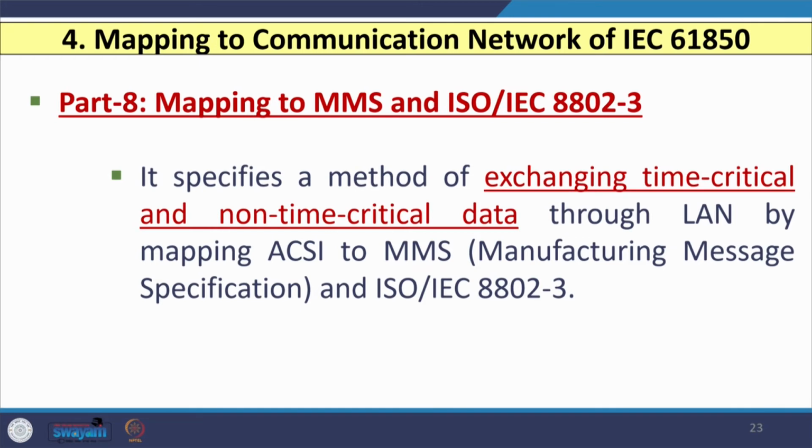This exchange of time critical and non time critical data is done through a LAN, a local area network, by mapping ASCI with MMS and ISO/IEC 8802-3. These are specified in part 8 of mapping to communication networks.